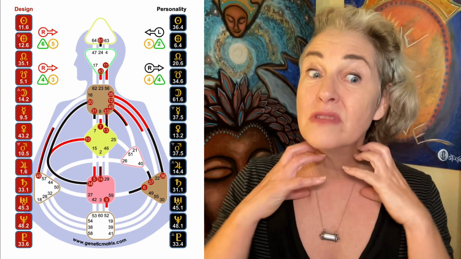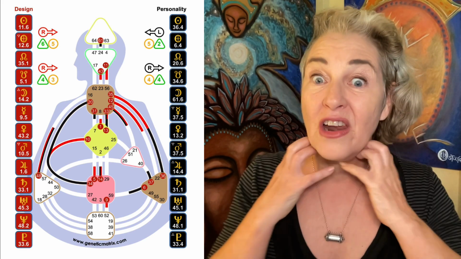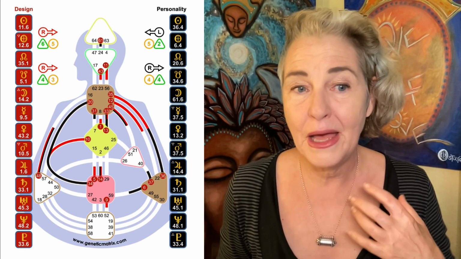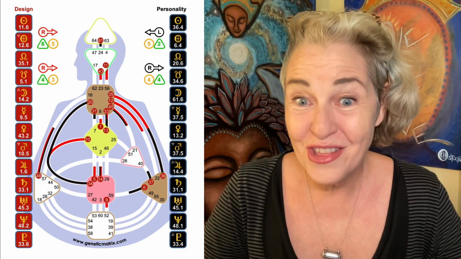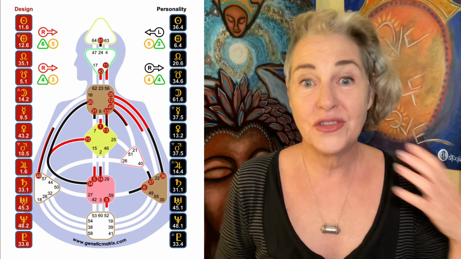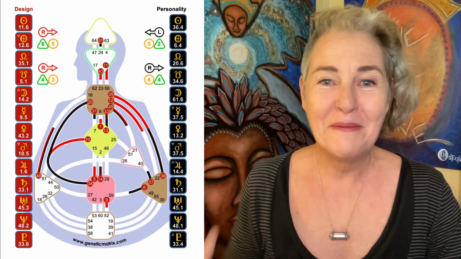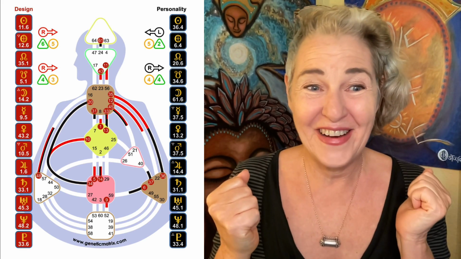You can see this person's got a defined throat, right? And they've got all these activations on their throat. Their throat's getting defined by the 13-33, which is coming from the G center, and also from, it's actually on the side of the body, the 34-20, which is the channel of the manifesting generator.